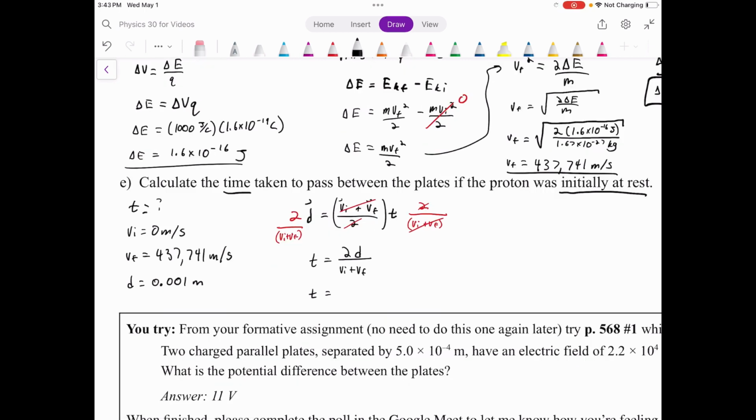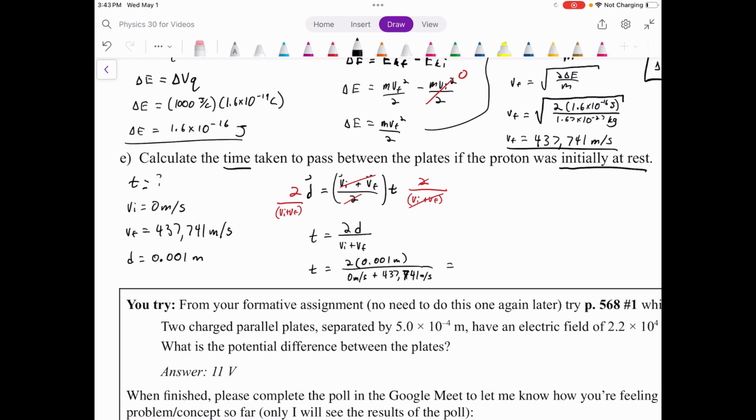So the time will be 2 times the distance it has to travel, which is 0.001 meters or 1 millimeter. The initial velocity they told us was 0, and the final velocity we calculated in the previous question to be 741 meters per second. Of course, using our unrounded answer there, right? We don't want to round too many times and end up with our final answer actually being off.